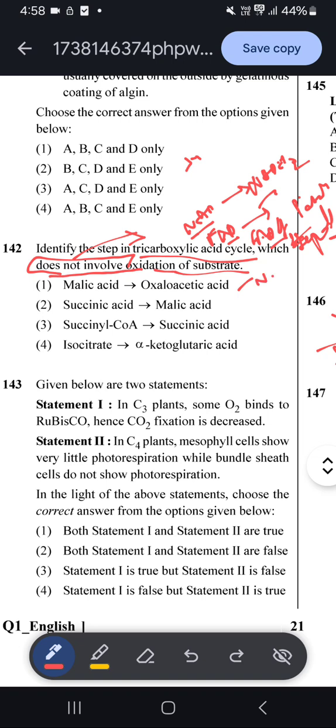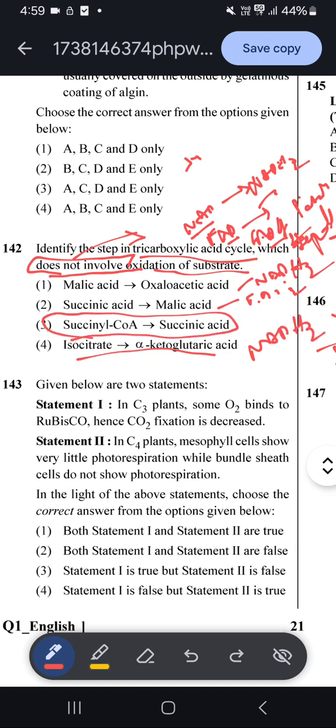In this step NADH is formed. In this step FADH2 is formed. Here isocitrate, in this also NADH2 is formed, except in this step where succinyl-CoA gets converted into succinic acid. This is SLP, substrate level phosphorylation.